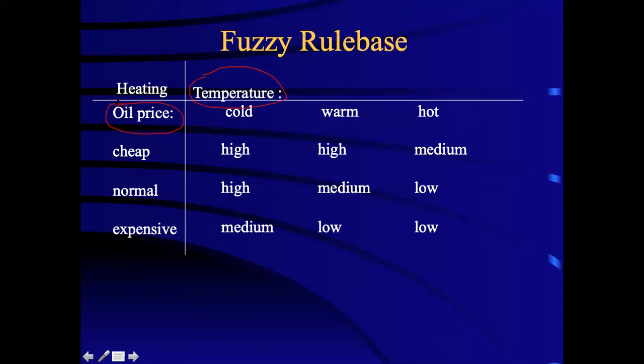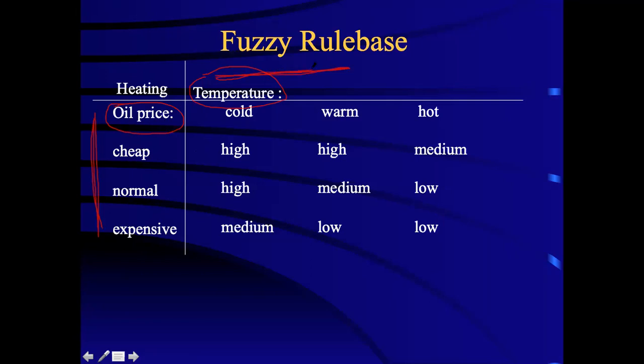And this table is representing a fuzzy relationship between the two. On this side you have got the oil prices, and on this side you have got the temperature.